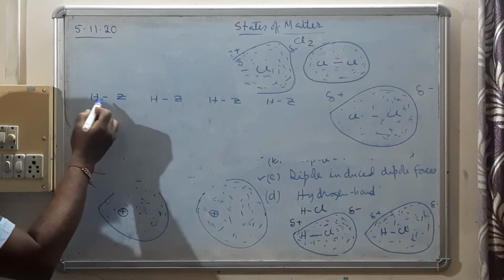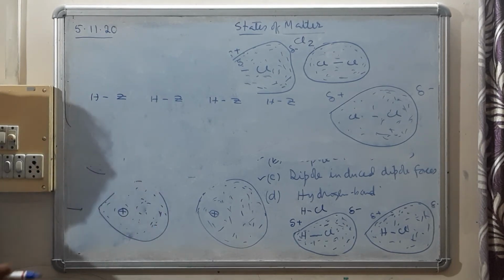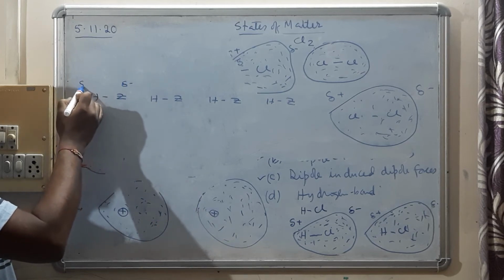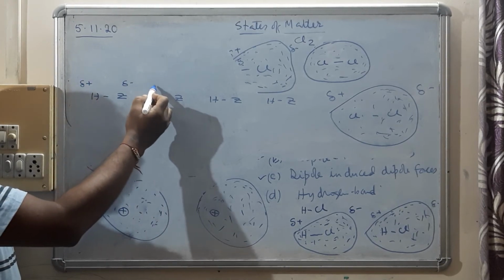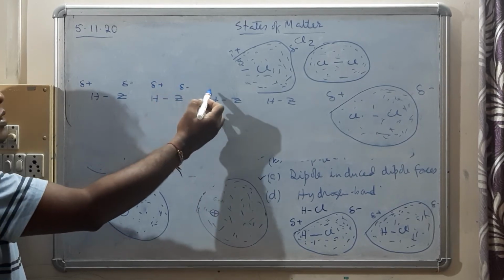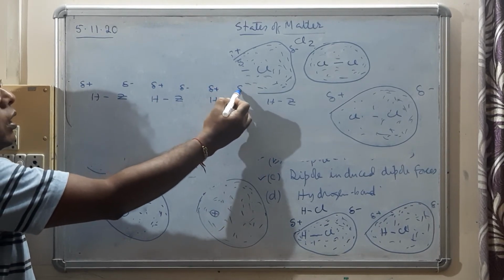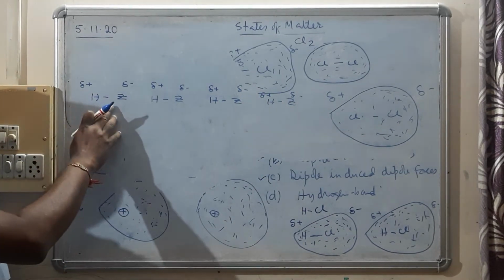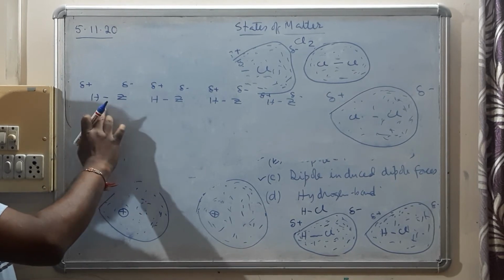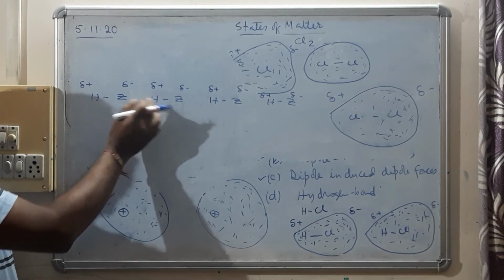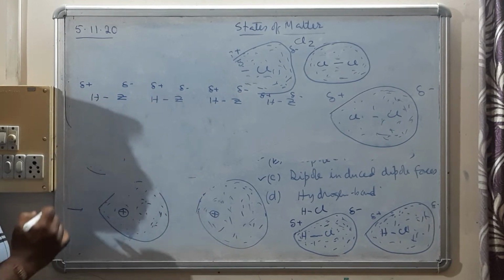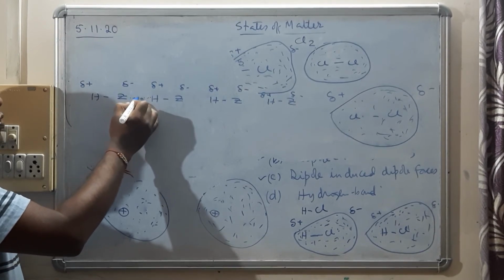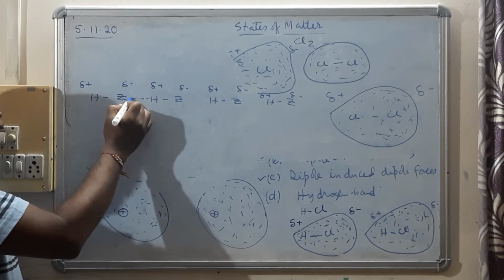Because of Z being very small in size and highly electronegative, over Z there will be delta minus, over H there will be delta plus, and so on. So there will be a force of attraction between this molecule and this molecule, because here it is delta minus, here is delta plus, and that force of attraction, that intermolecular force, is called hydrogen bond.